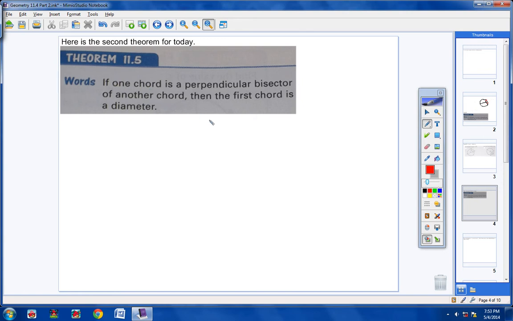Okay, moving on, we also looked at a theorem yesterday that states if one chord is a perpendicular bisector of another chord, then the first chord is a diameter.